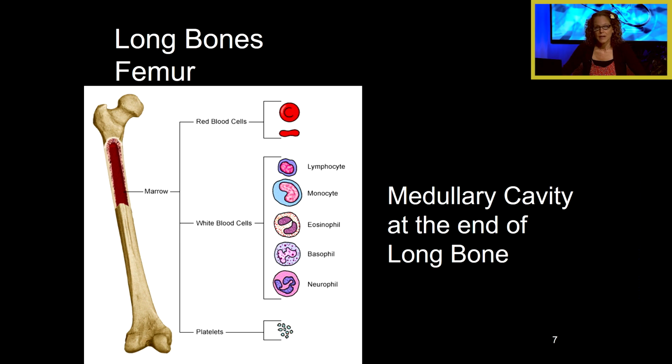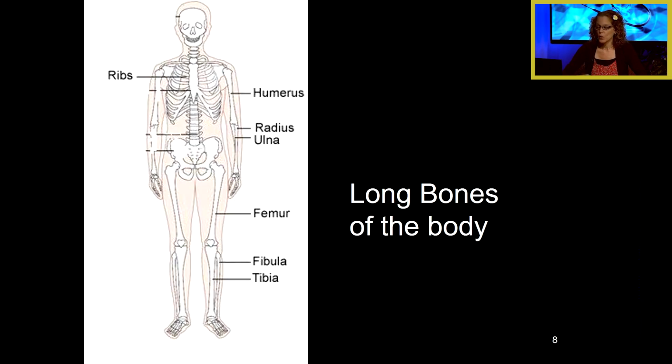Our white blood cells are the mediator of immunity, the immune response in our body, how we fight infection. And our platelets are very important in that they help clot our blood. So if we get a cut or some kind of trauma, our platelets are very important in order to stop that bleeding. And these are from the medullary cavity at the end of our long bones.